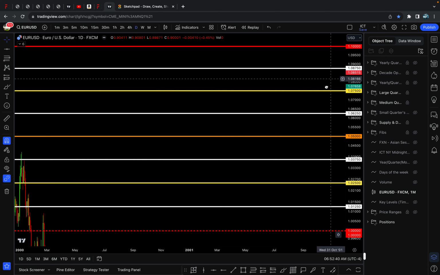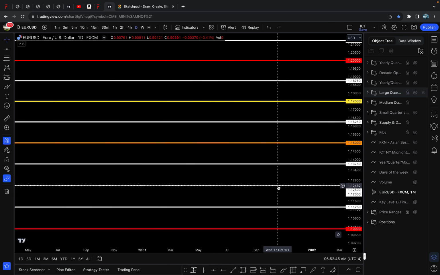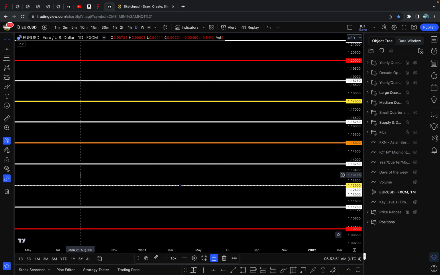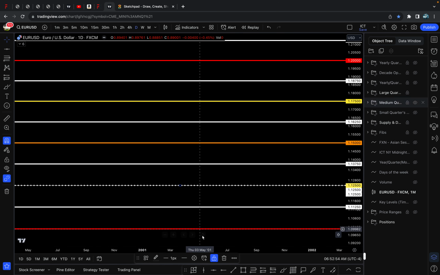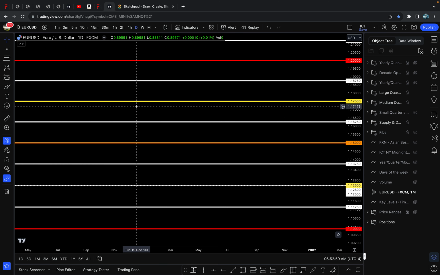Okay, so moving on up, and we could keep repeating, but what I want to show you is how you track, because as price is moving between these levels, the red are more powerful levels than the orange, and the orange are more powerful levels than the yellow, and the yellow are more powerful levels than the white.